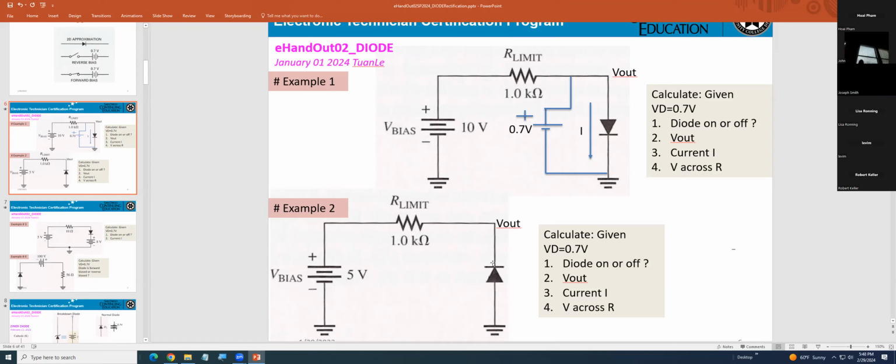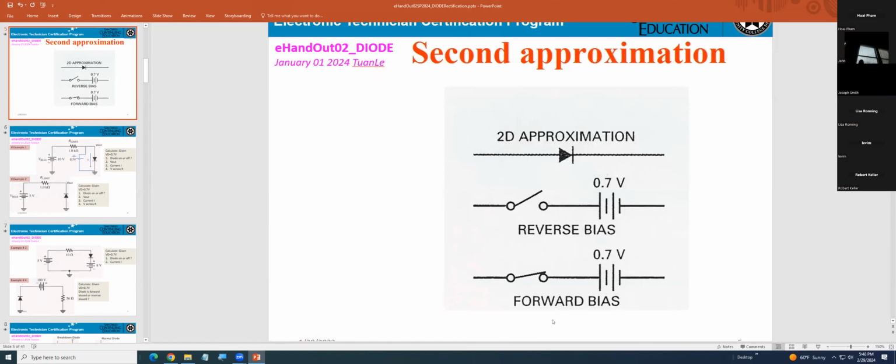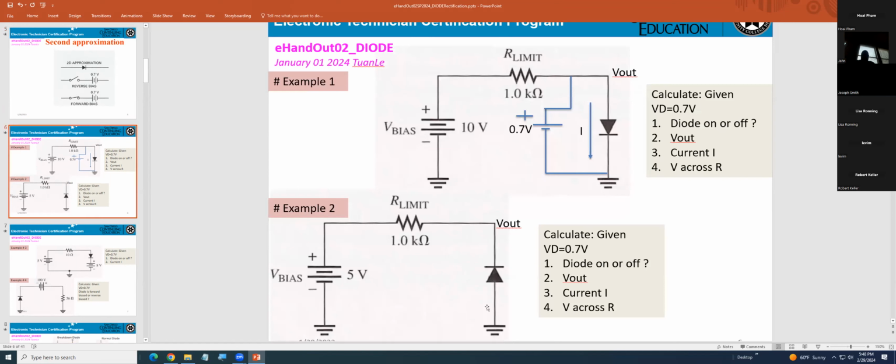However, a little more detail. When you say reverse bias, it will be like an open switch. They will be open here, so that V out will be equal to 5 volts, because they are not connected to the root.